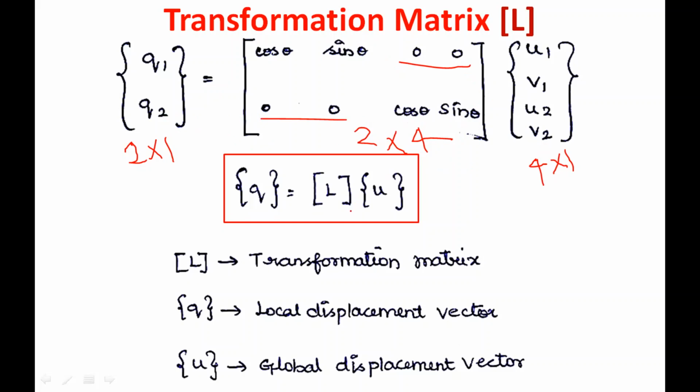This 2 by 4 matrix is called a transformation matrix, denoted by L. So L is the transformation matrix. This matrix is used to transform the global displacement into the local displacement. That is why this matrix is called a transformation matrix, which relates the local displacement q with the global displacement u, v.